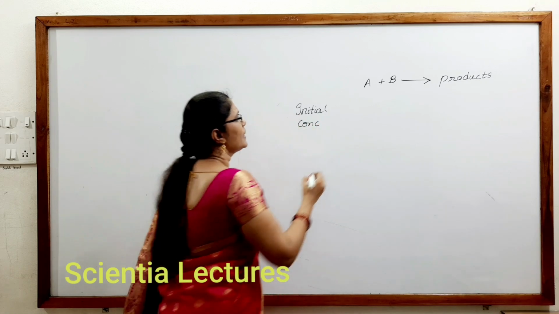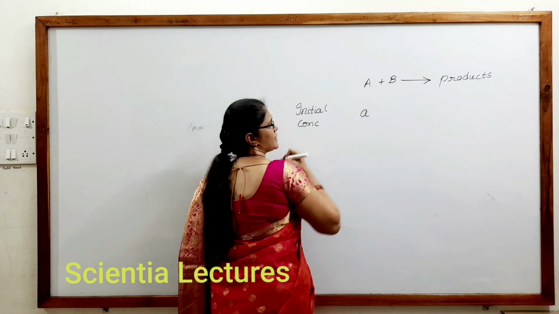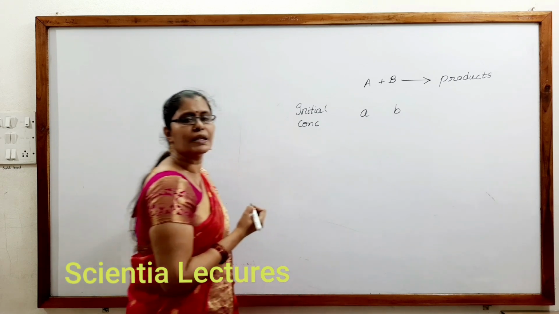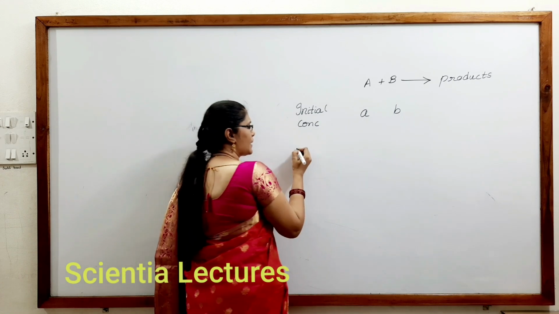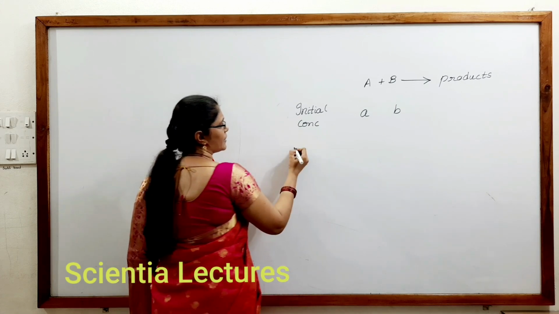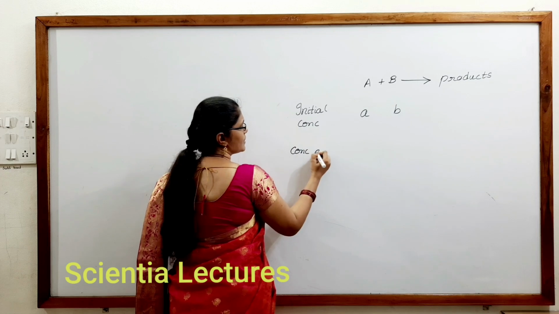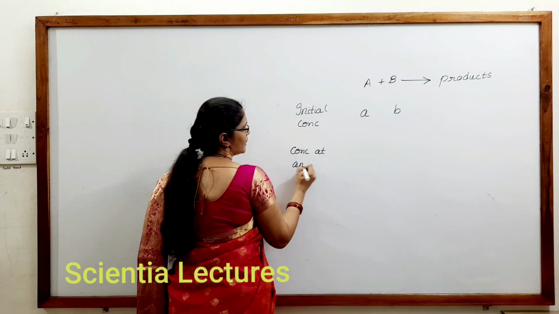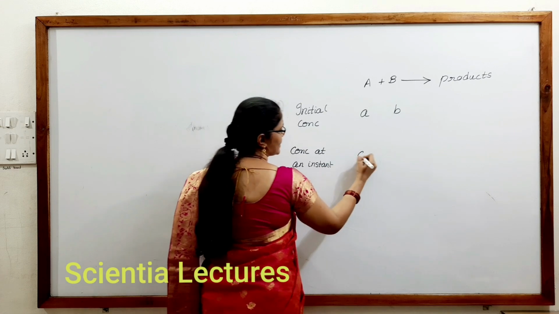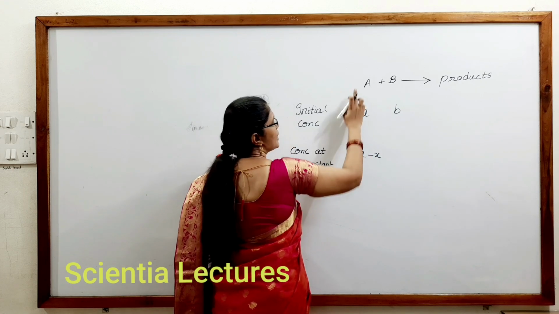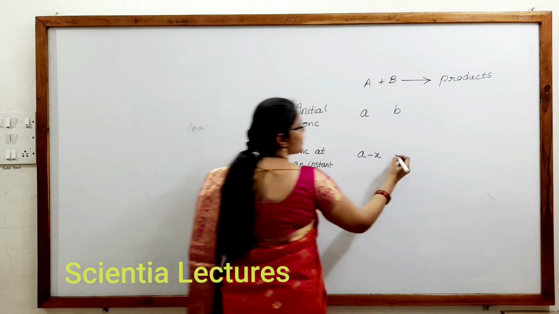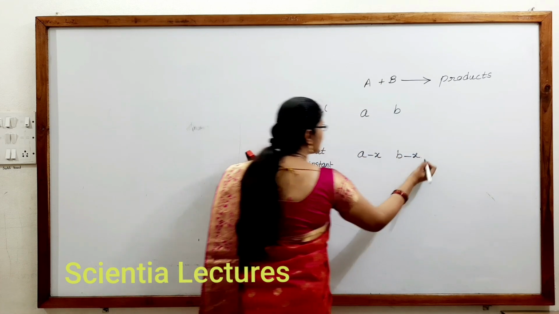Let us say reactant A has started with initial concentration a, and reactant B has started with initial concentration b. What would be the concentration at an instant? For A, if some x amount has reacted, this becomes a minus x. 1 mole of A in the reaction ratio reacts with 1 mole of B, so this also would be b minus x.